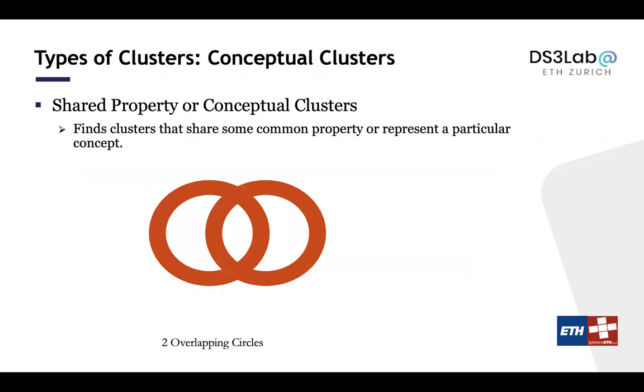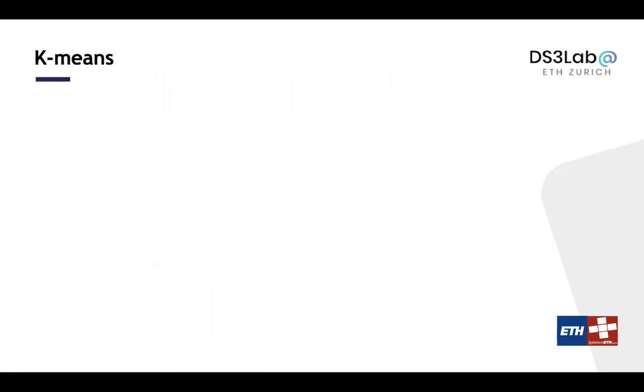And sometimes you can define some shared property of objects. Hypothetically, you can say all the points in the red region share some property. Then you are going to have this type of clustering result. But the point is that defining a good clustering strategy is a function of your application.